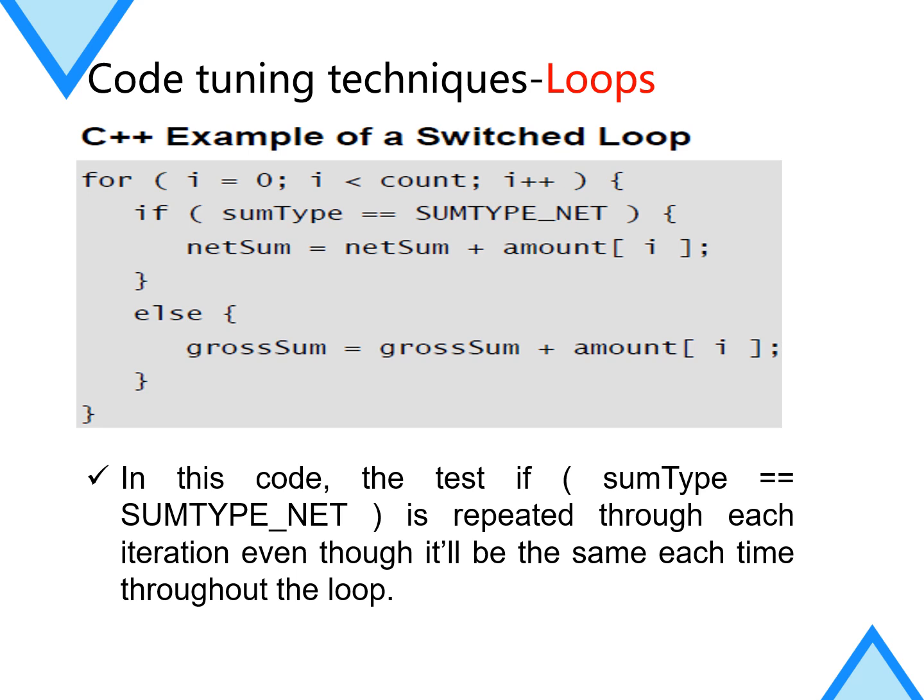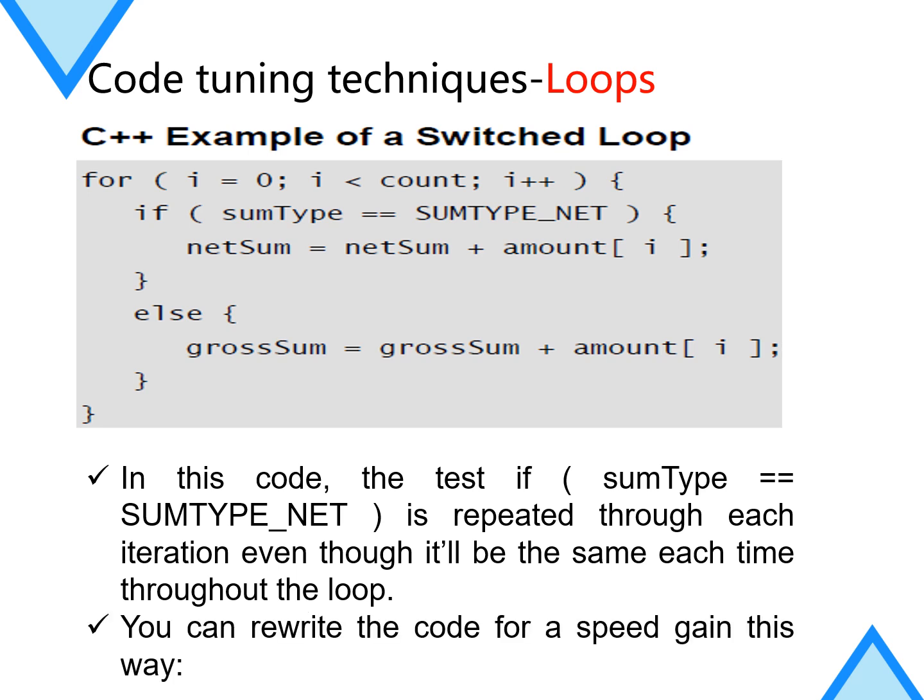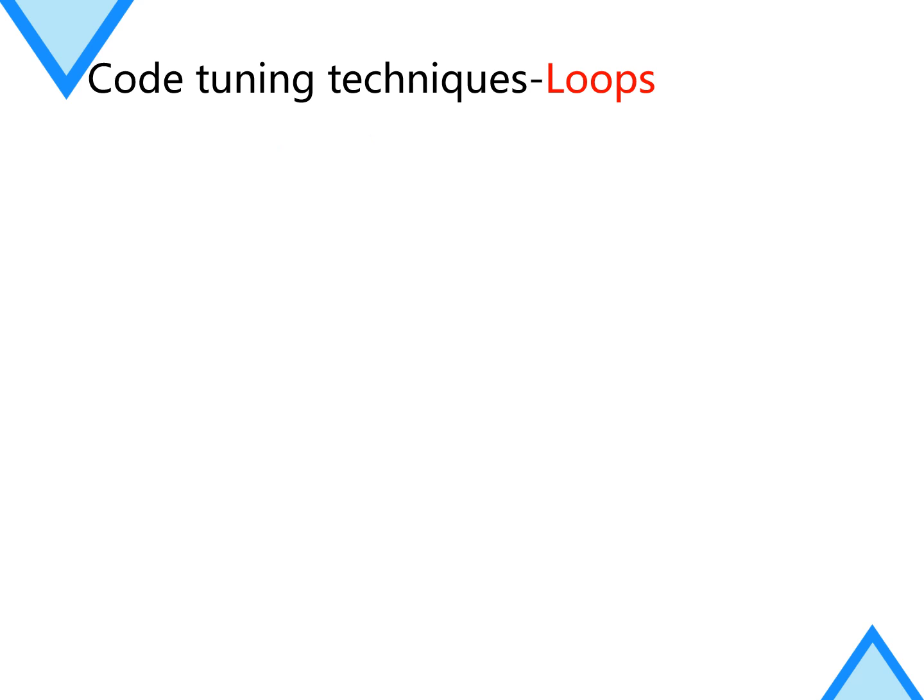It's better if we unswitch the loop and put the condition outside the loop body. So you can rewrite the code for a speed gain, and the execution speed will be much better.